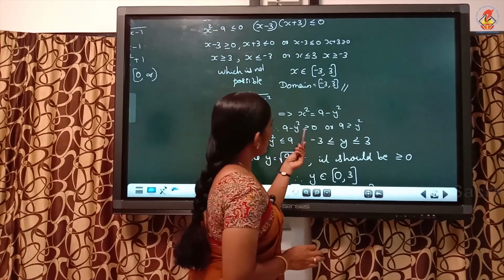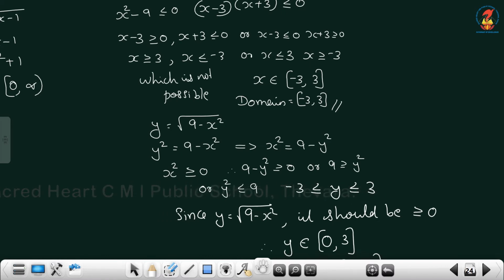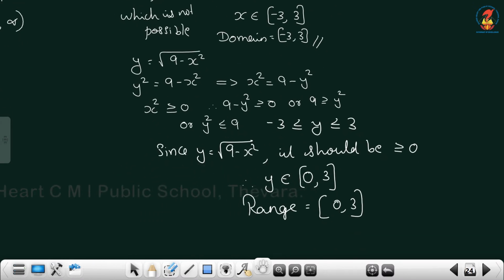So 9 minus y square is greater than or equal to 0, or y square less than or equal to 9. From that you can write minus 3 less than or equal to y less than or equal to 3. So y is in the range minus 3 to 3, but the negative part you can't take since y is the square root. So you can take y as 0 to 3, or range as 0 to 3, closed interval.